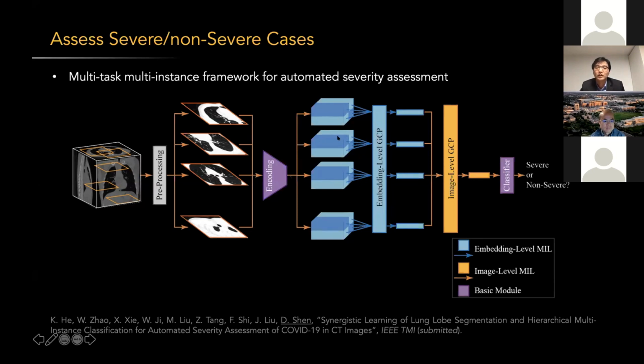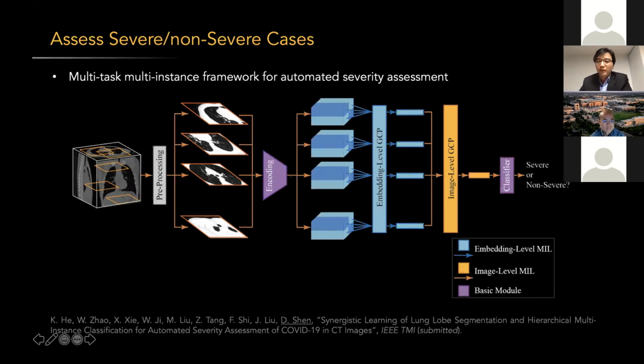We hope these learned features will be learned for the patches actually related to survival and non-survival. For other patches, even if you sample from them, you will not learn features for them because there's no contribution to estimating survival or non-survival. After you get all these feature vectors for each of these patches, you do the image-level global contrast pooling, which means you get features for the image level. Then you do the classification as survival or non-survival for the subject.